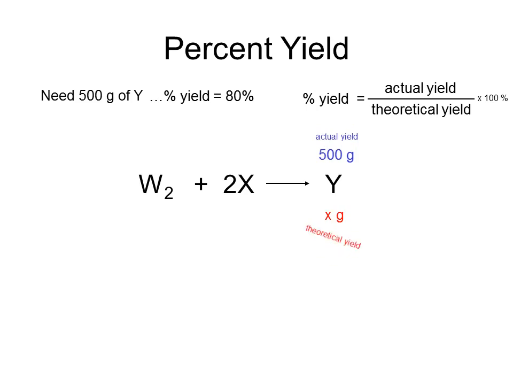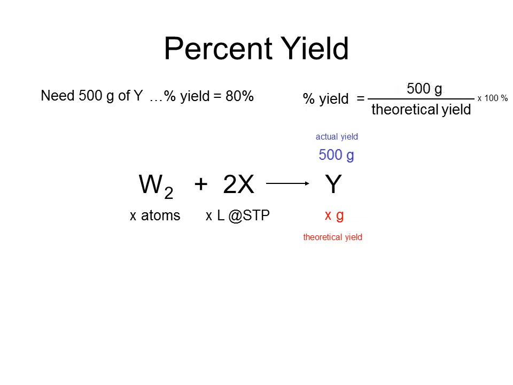Because we know that we're only going to get 80%, we need to shoot for more than 500 grams. So let's calculate the exact amount for this using our equation. We're trying to find out how many atoms of W2 we want, and we'll also figure out the volume of X gas at STP.